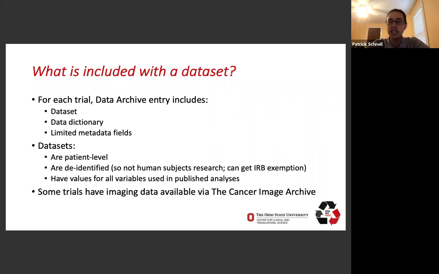But on the other hand, since it's de-identified, it's actually not considered human subjects research. So it is IRB exempt, and you can get an IRB exemption letter fairly easily from Buck IRB.